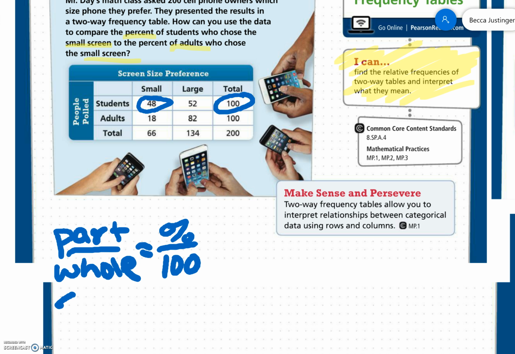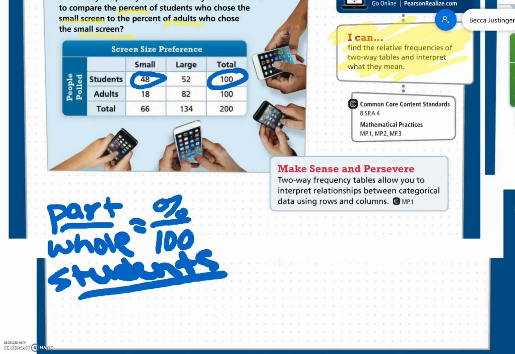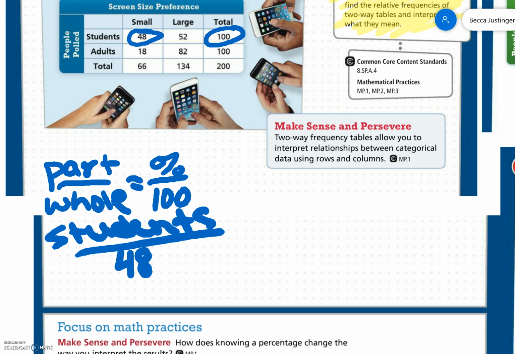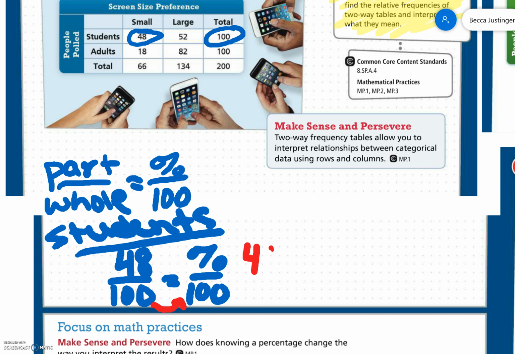So that's 48 out of 100 equals percent over 100. Well, we don't actually even have to do any cross multiplying or solving. You can see we don't have to do anything to the 100. So the percent is 48% of students.